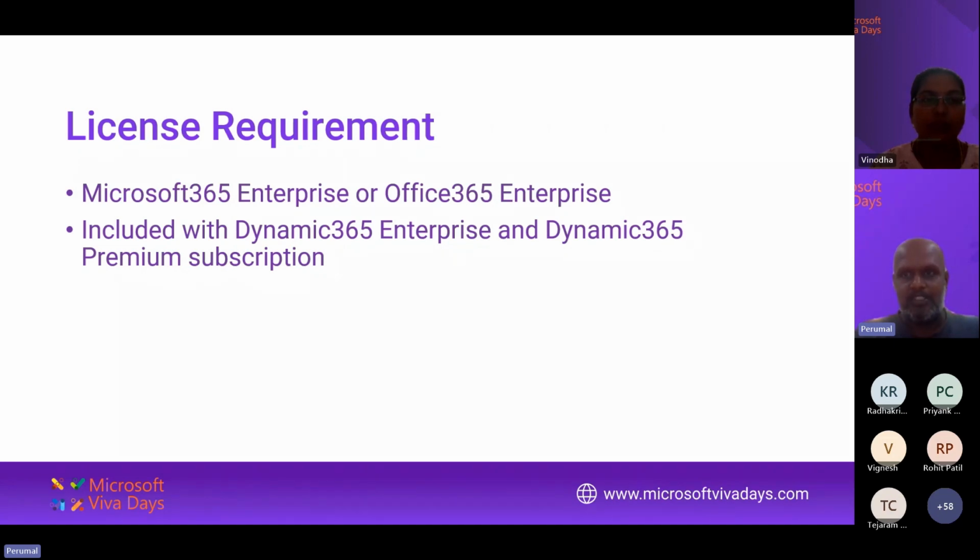If you are using any other SKU for Dynamics 365, you need to purchase Sales Copilot as an additional license. If you are using Salesforce, you can also purchase an additional license for Sales Copilot, and you can integrate your Salesforce with Microsoft 365, Teams and Outlook.